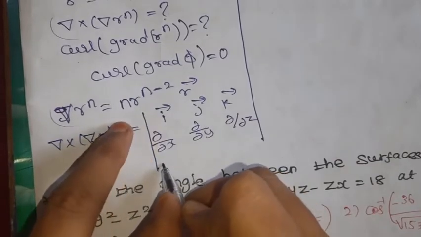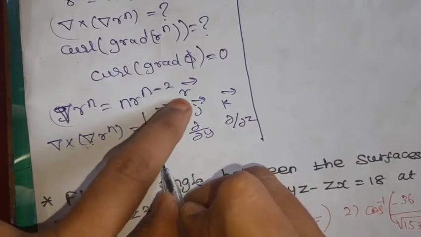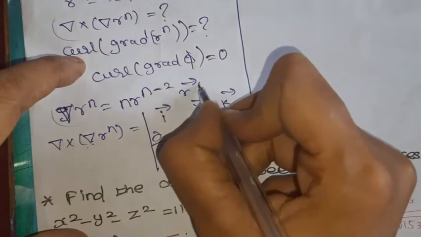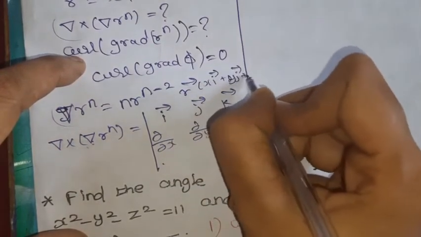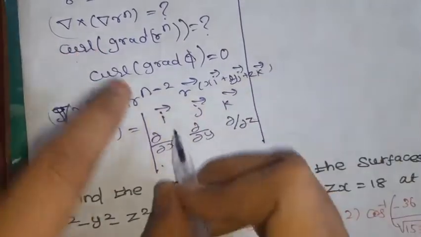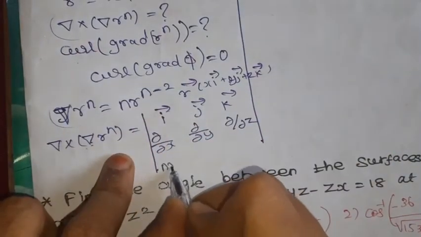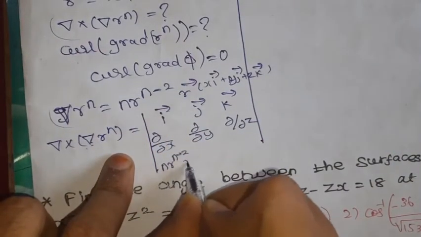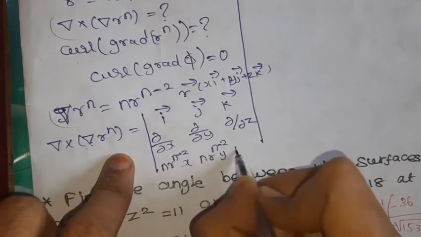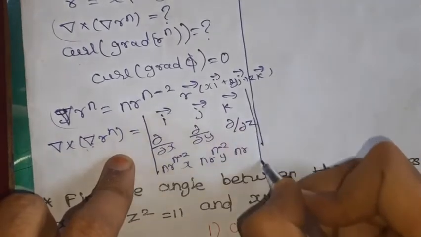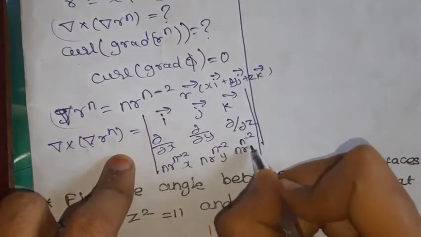So n r power n minus 2 into r vector is xi plus yj plus zk: n r power n minus 2 into x, n r power n minus 2 into y, n r power n minus 2 into z.